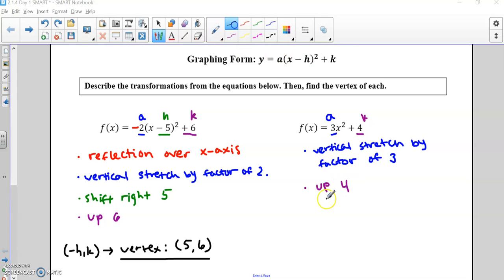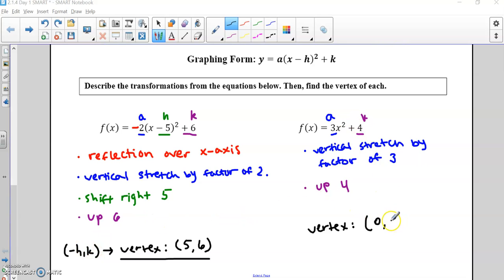All right, and finally, our vertex is opposite of h comma k. Our h is 0, right? Because if we don't have an h, we can just put it as 0. And so the opposite thing wouldn't affect it, right? Positive 0, negative 0, it doesn't matter.